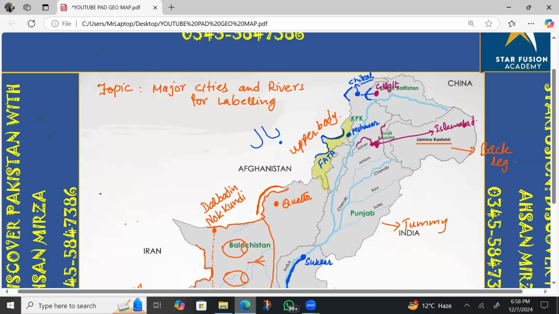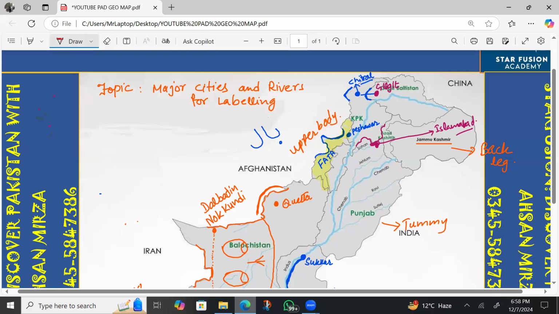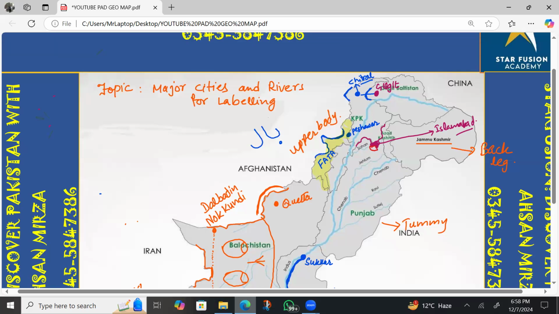Now we are moving towards the next city. This is the twin city of Islamabad, and that is Rawalpindi. Just close to Islamabad, this is Rawalpindi. Now there is a difference. You must know that Rawalpindi and Islamabad are two separate areas.